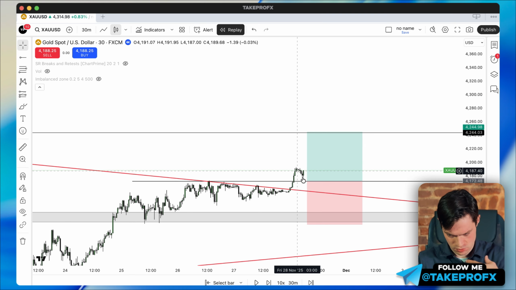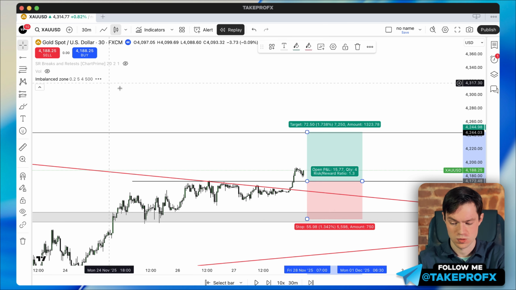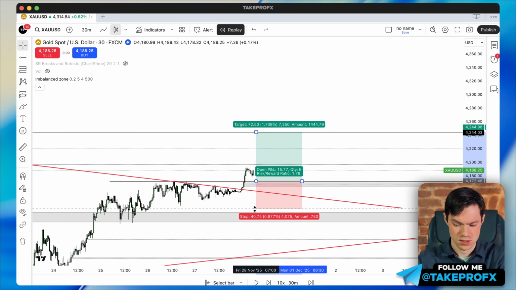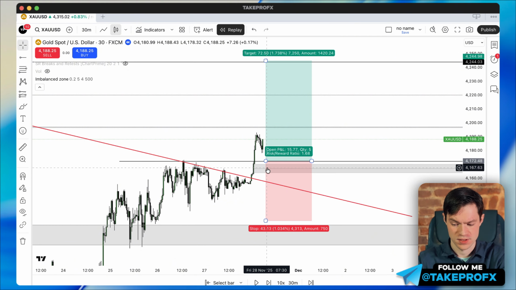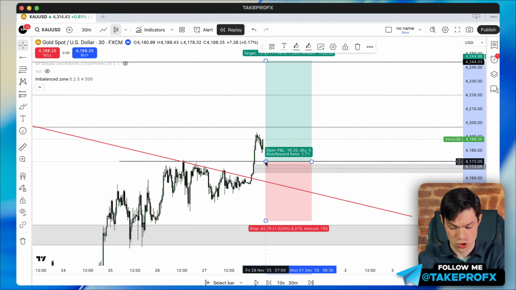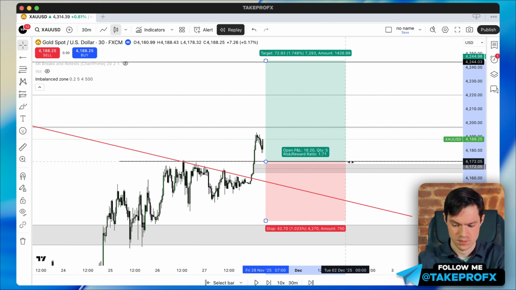I can of course adjust my stop loss a bit and include the imbalance zone to see where my important zones are. And as we can see, there is also an imbalance zone here. And overall, from either of these areas, I can take a long position because imbalance acts as a magnet for our price.